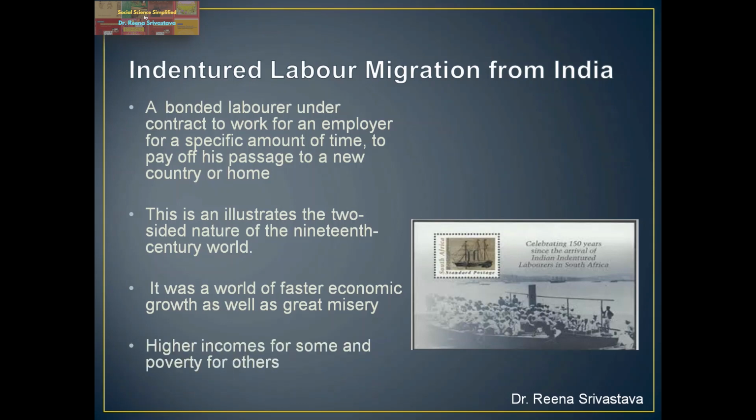Although it meant higher incomes for some people, it was poverty for others. The colonizers were in a beneficial position, whereas the people living in the colonies were not. They were being exploited and life was quite difficult for them.